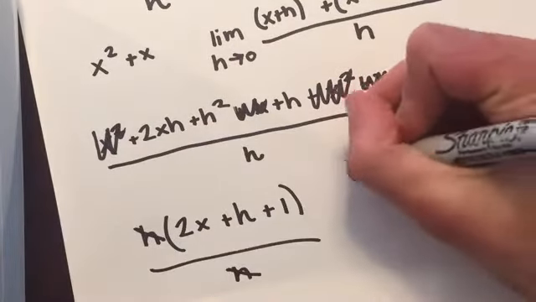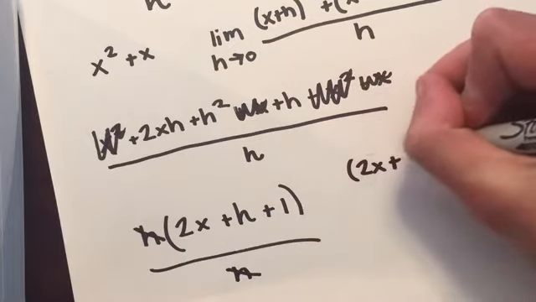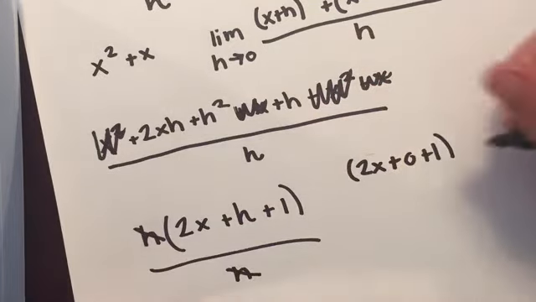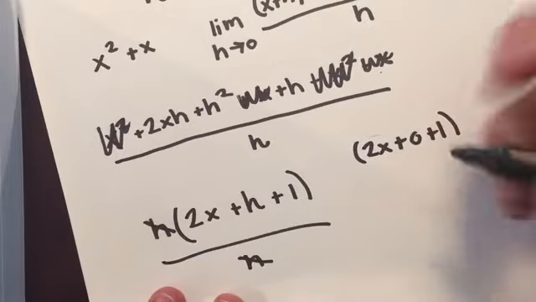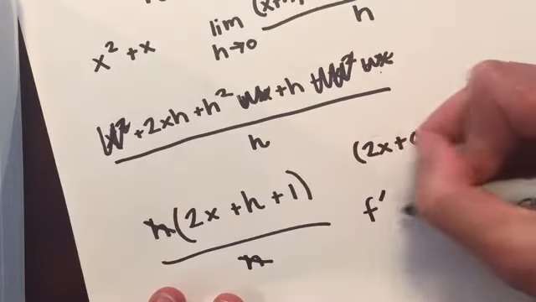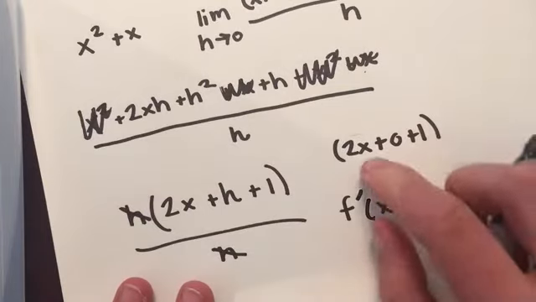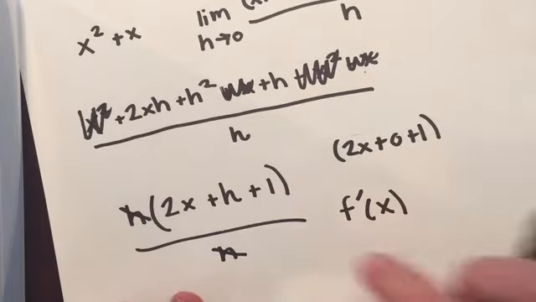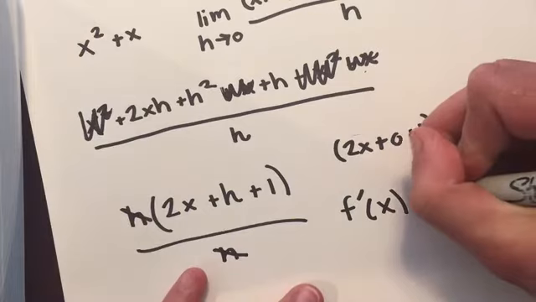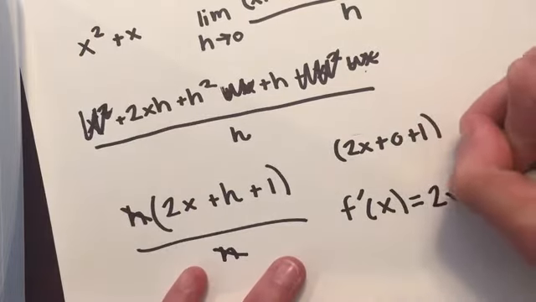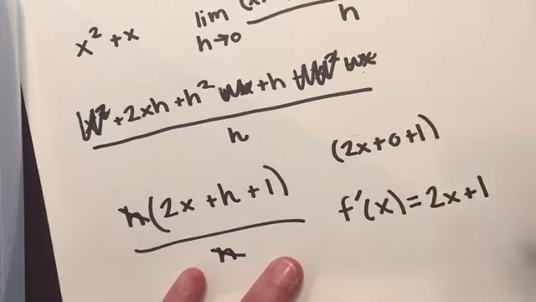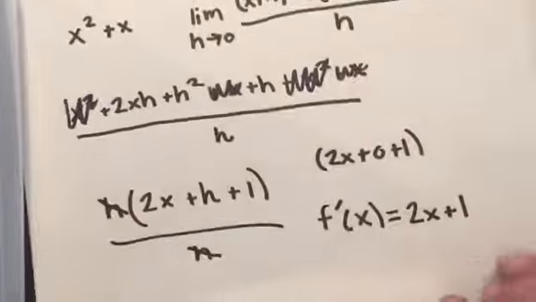So we get 2x plus 0 plus 1. And the f prime of x, which is how you write the derivative function, is you write a little line, the prime, of x. So f prime of x is equal to 2x plus 1. And we did that by using the limit function.